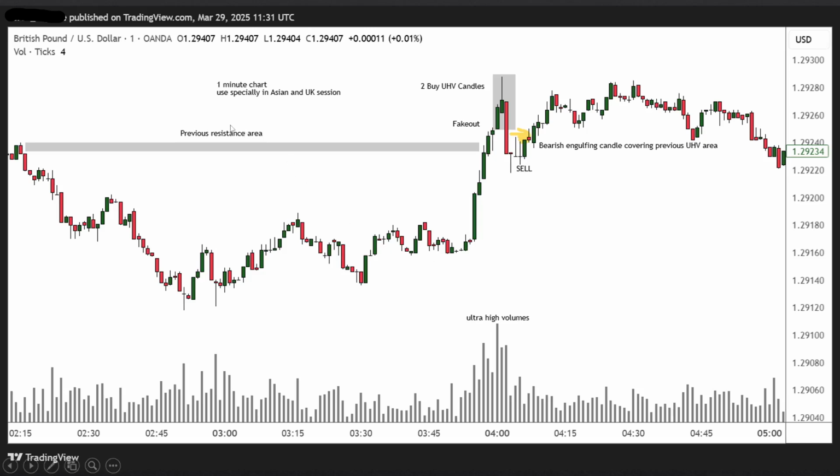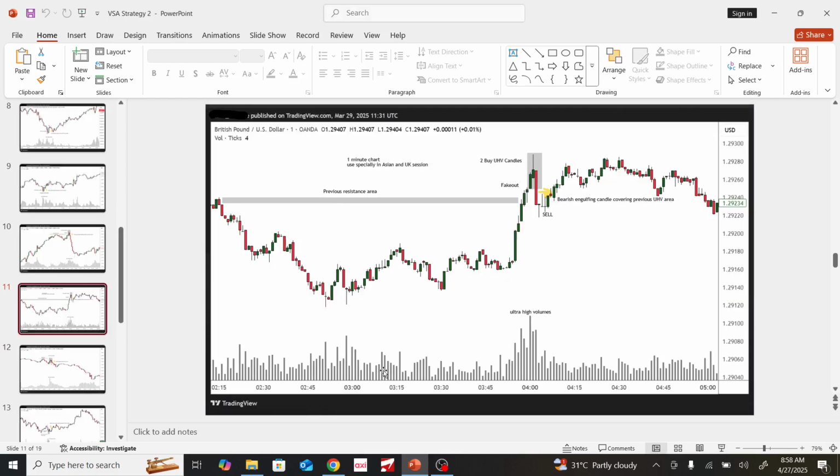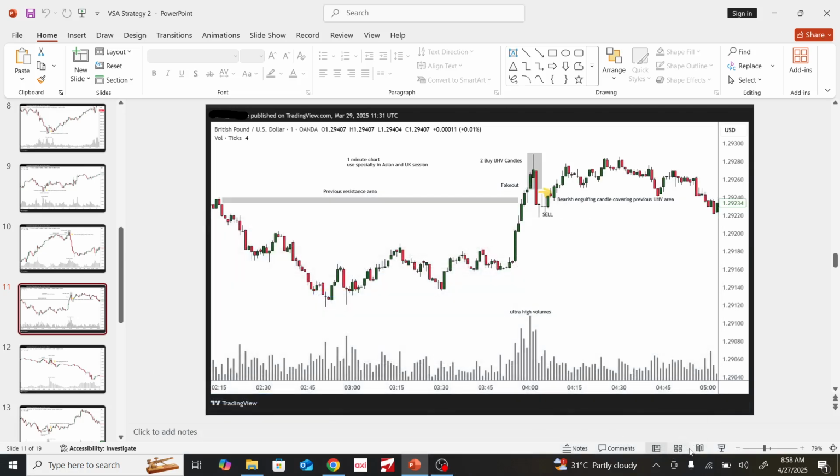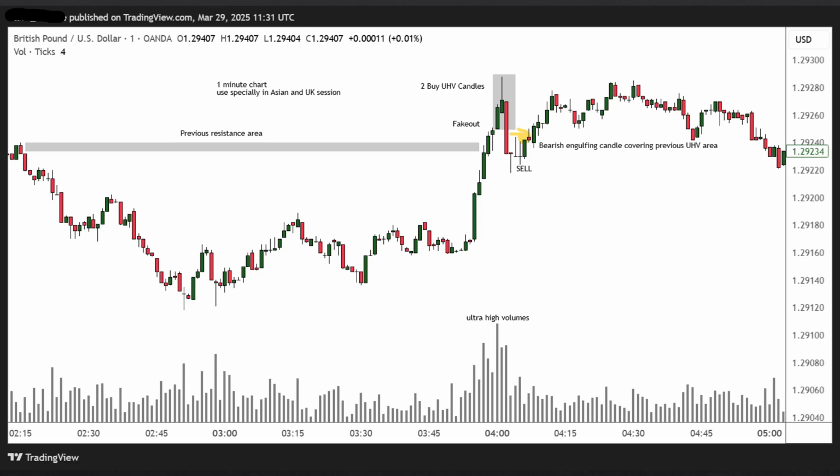Now this is a resistance area. This is the previous resistance area, and the market was going up. Then suddenly you saw the ultra high volume.